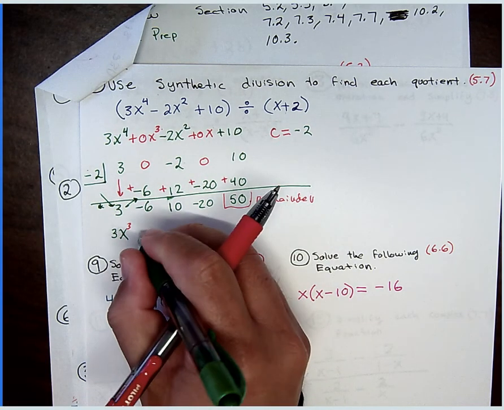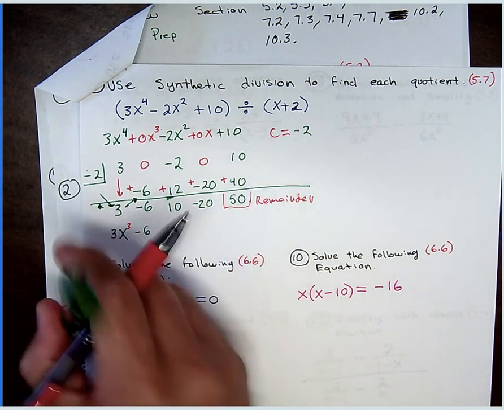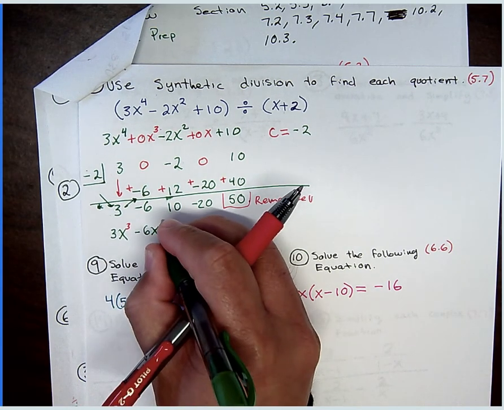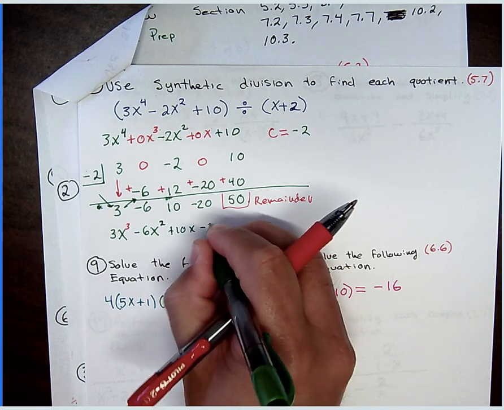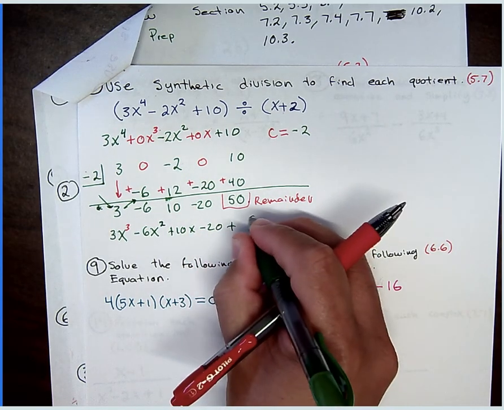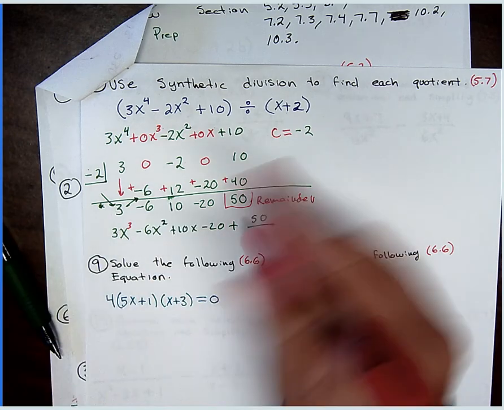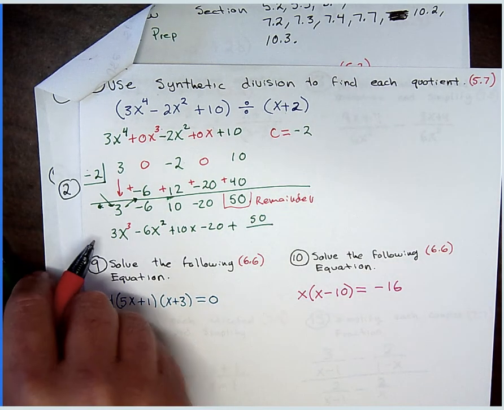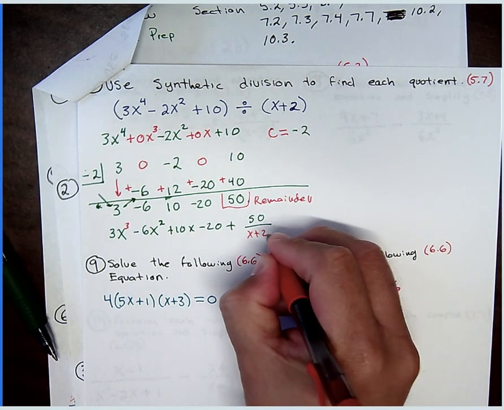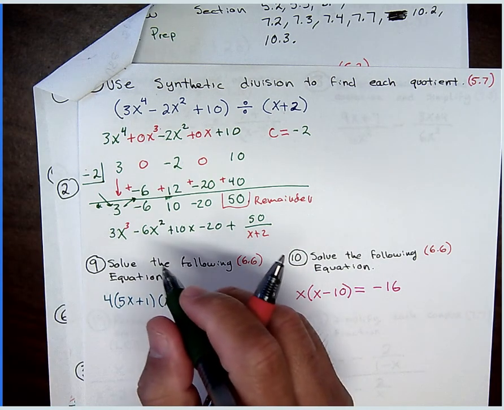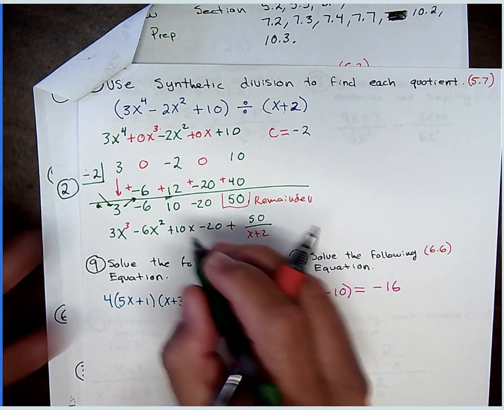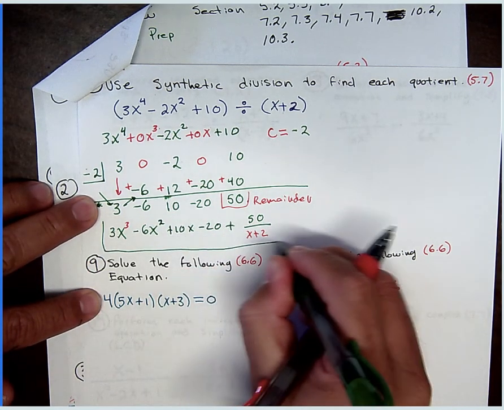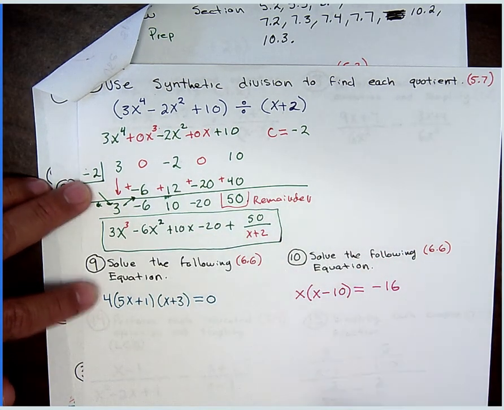And then you do the following one, 6x squared plus 10x minus 20, plus 50 over the divisor, which is x plus 2. I'm just double checking I did it right. Yeah, got it right. So that would be the answer for that one.